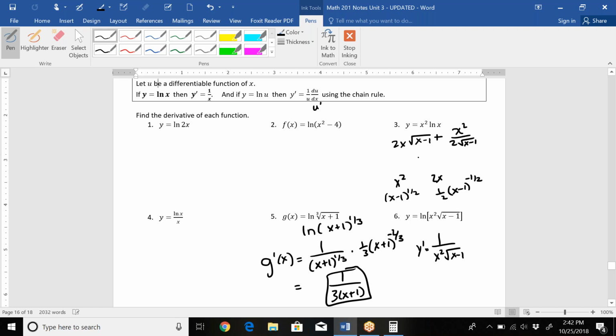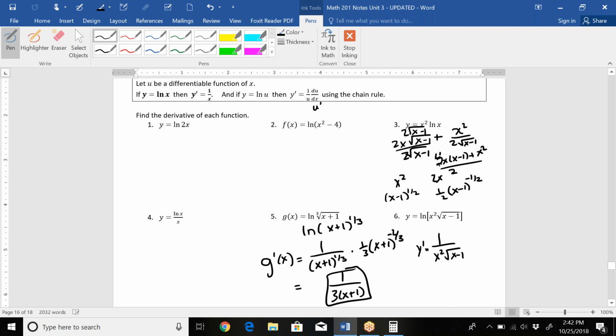This is not a quotient rule, it's a product rule, so we don't need a denominator here. We just need to get a common denominator for this. So if you times this by another x squared, square root of x minus 1 on top and bottom, that would leave you with a 2x, x minus 1 on top, plus x squared, all over a 2. Oh, we need a 2 up here as well, sorry.